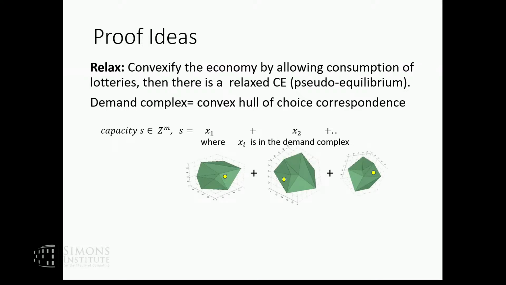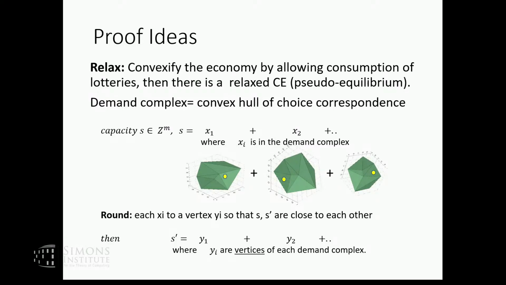I can get a pseudo equilibrium, but it's sitting right in the middle of this polytope. So what I really want to do is round this yellow point to the vertices of this polytope, and I round it so that I get an S prime. If S prime is not too far from S, then I really get a very good approximate competitive equilibrium.